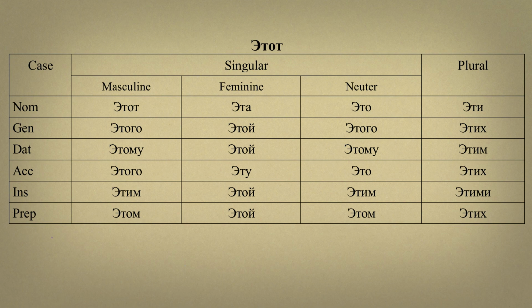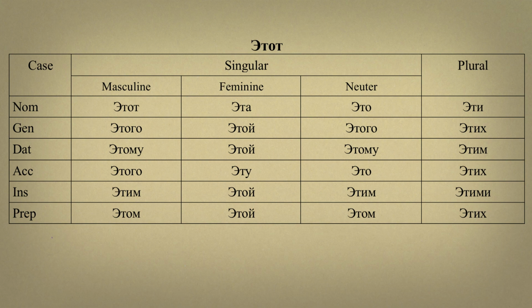Masculine gender in singular form is ЭТОТ, этого, этому, этого, этим, этом. Feminine gender of the pronoun этот changes as эта, этой, этой, эту, этой, and этой.